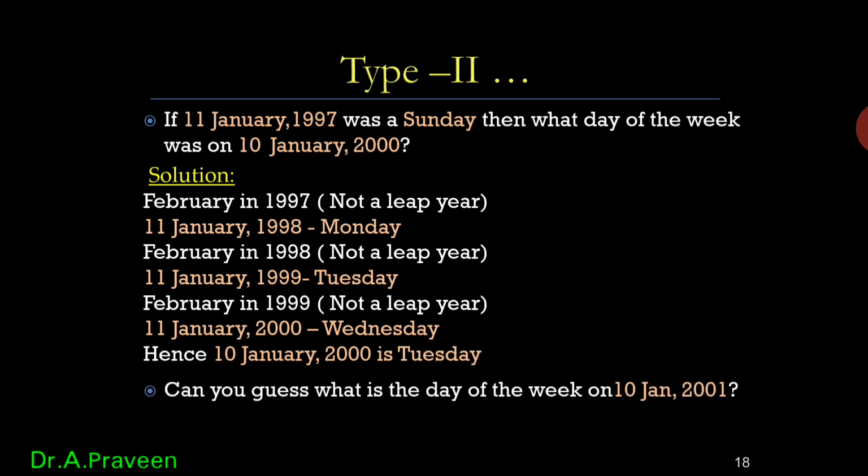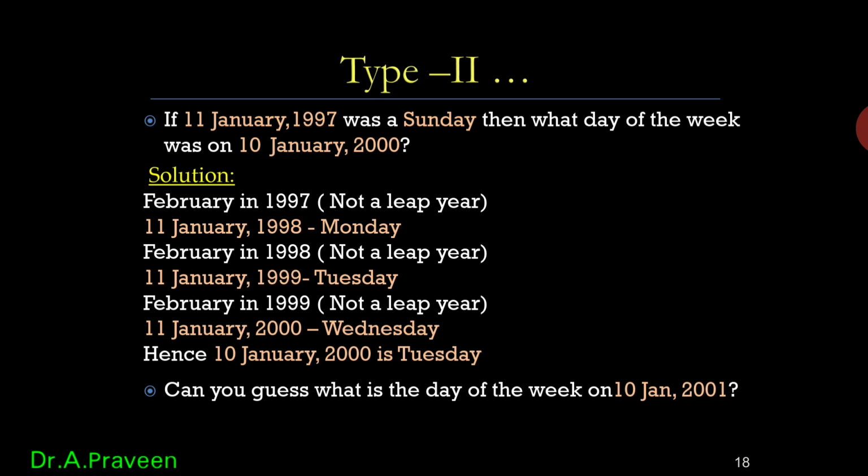Can you guess what is the day of the week on 10th January 2001? Here we are going to move from 10th January 2000 to 10th January 2001. The initial guess will be either a Wednesday or a Thursday.